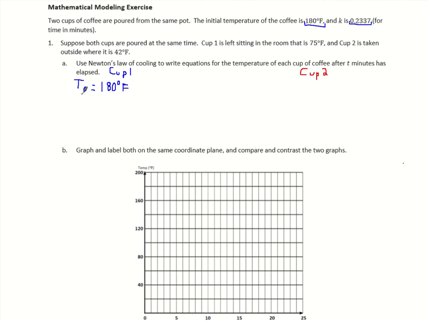Our ambient temperature, aka the temperature of our surroundings, for cup 1 is that it's left sitting in a room that is 75 degrees Fahrenheit. So our ambient temperature is going to be 75 degrees Fahrenheit.